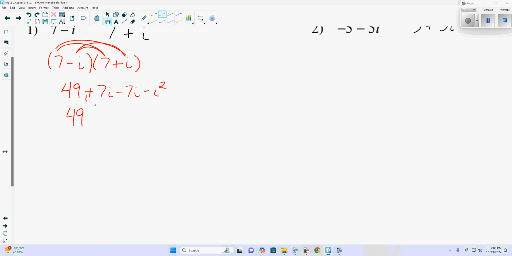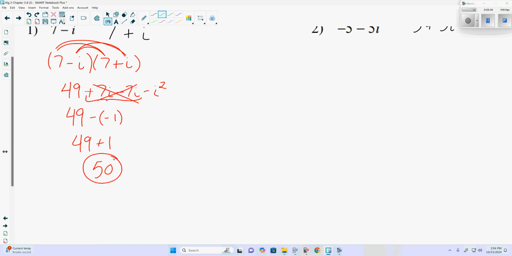Let's combine like terms. What is 7i minus 7i? No i, so that would be 0. I squared is negative 1, so negative and negative makes a positive, and 49 plus 1 is 50.